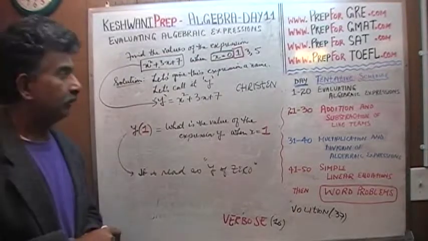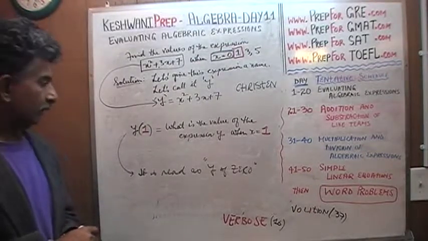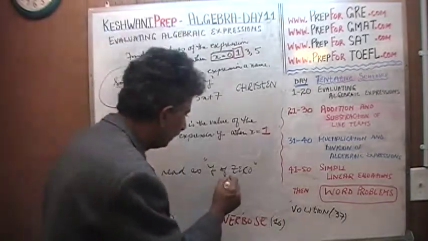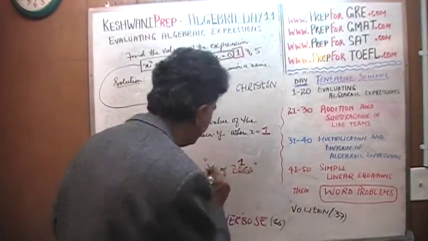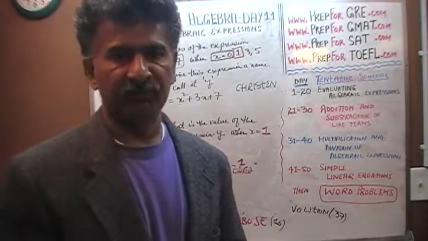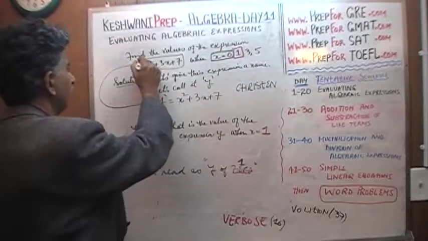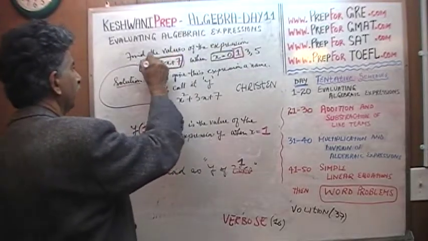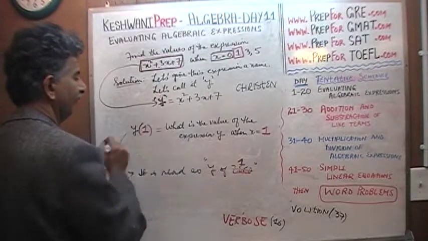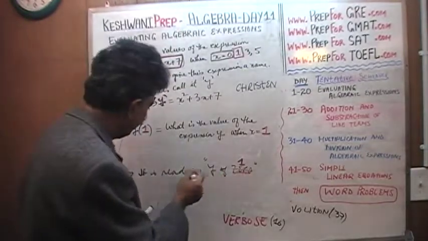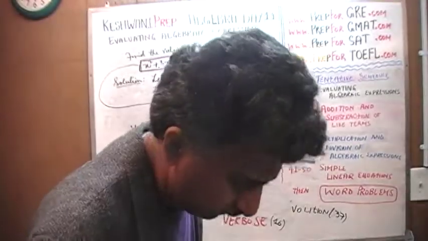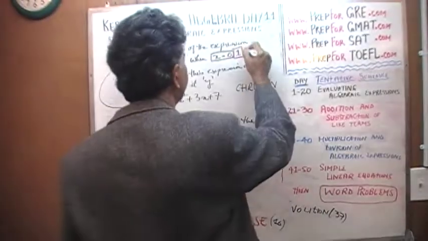Now in this context we'll speak of y of 1. Y of 1 simply means find the value of the expression that we have called y when x happens to be 1. Later on, after we finish doing that, we will do this, now in the blue pen.